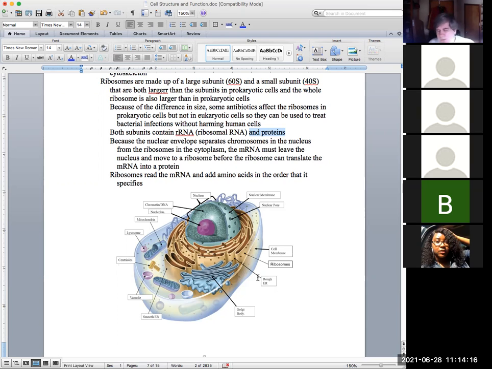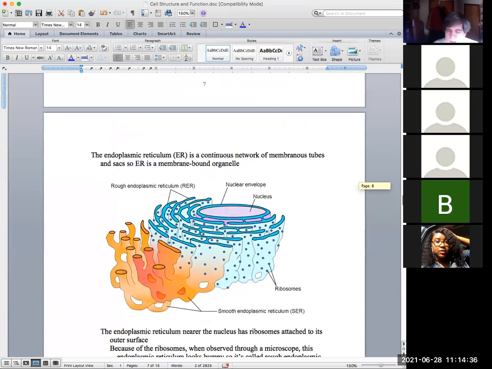So this means that we've already made our proteins, but now the rest of protein synthesis is concerned with getting that protein where we're going to use it. This is something we didn't really have to worry about in a prokaryotic cell, but in a eukaryotic cell we do. So this is where the endoplasmic reticulum comes in.